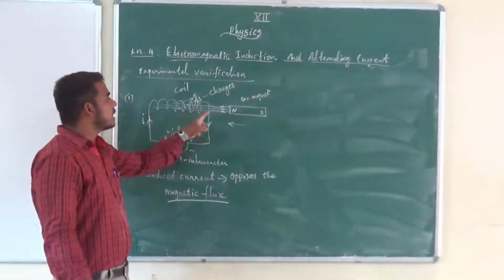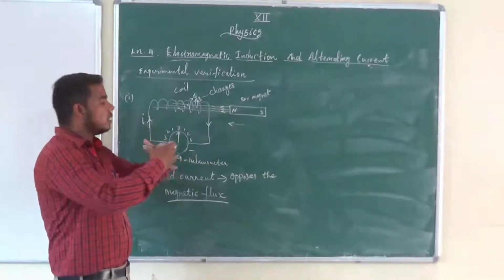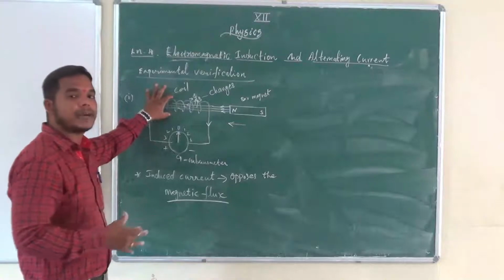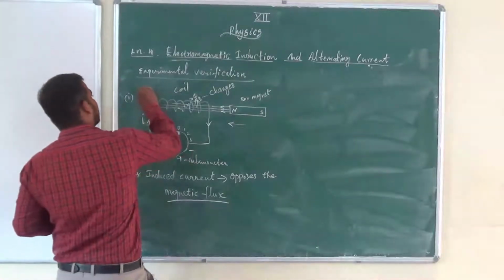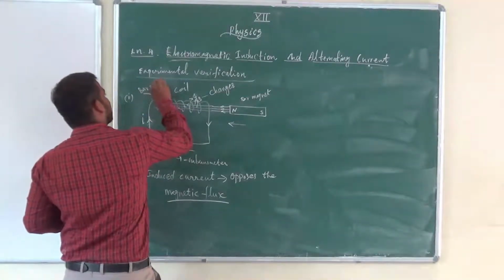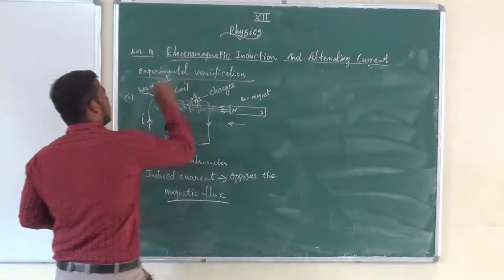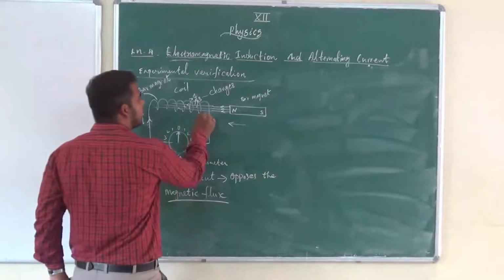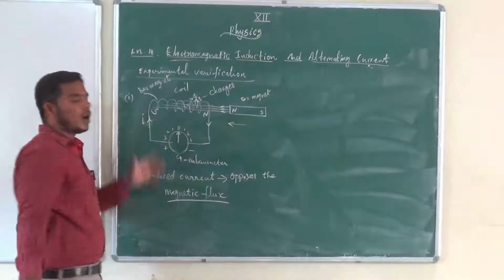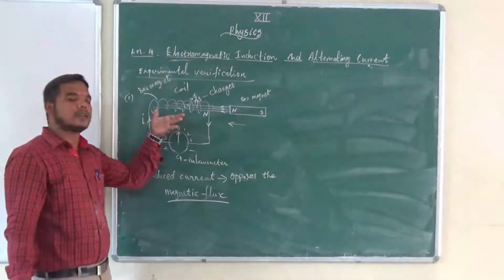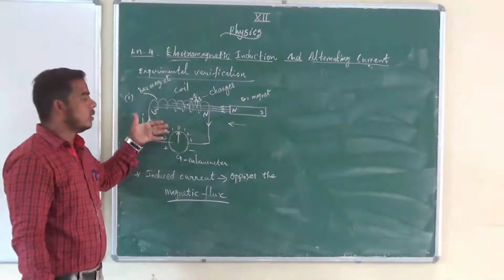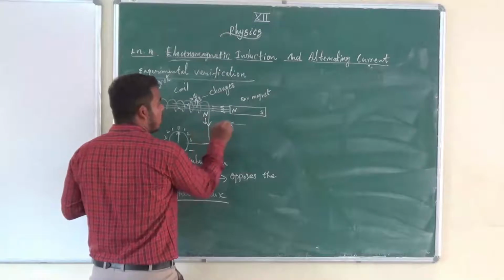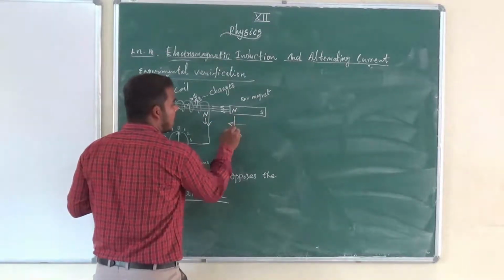Here, when the magnetic lines cross through the given coil, the coil behaves like a bar magnet, with a north and south pole. See that: the coil's north pole faces the bar magnet's north pole.